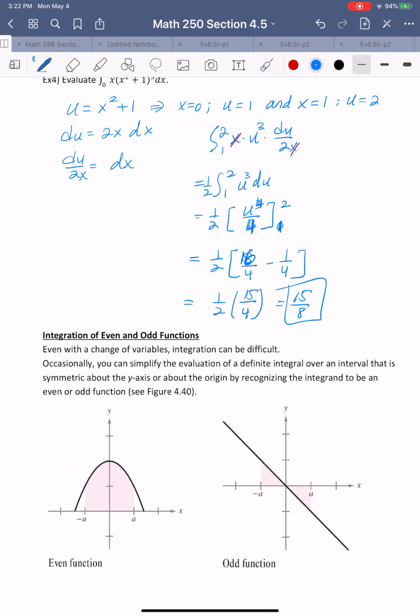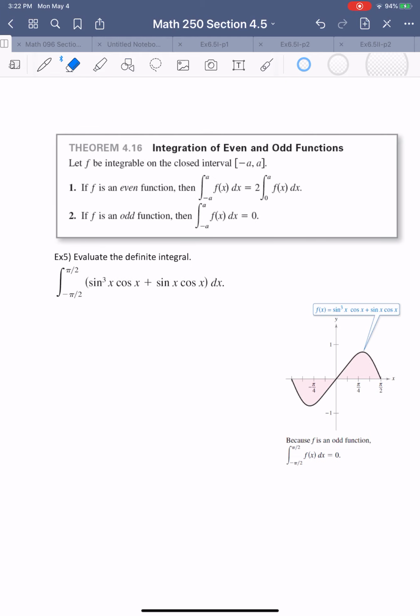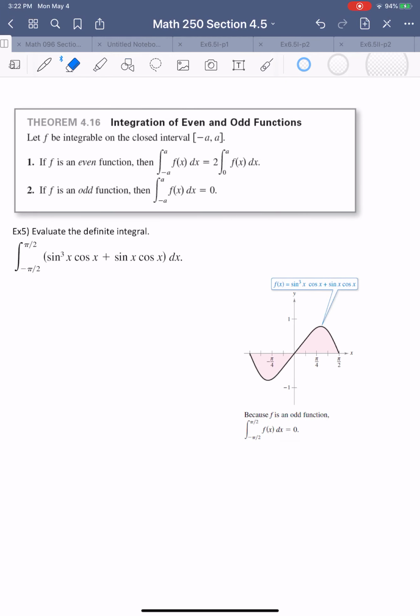Now, integration of even and odd functions. An even function means you just get twice the area. An odd function means you have area, but one part is above and one below, so the areas cancel out to 0. So, let f be integrable on the closed interval from negative a to a.